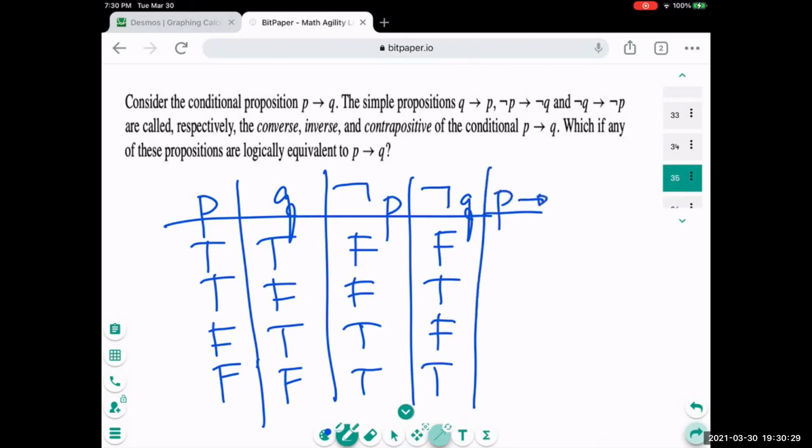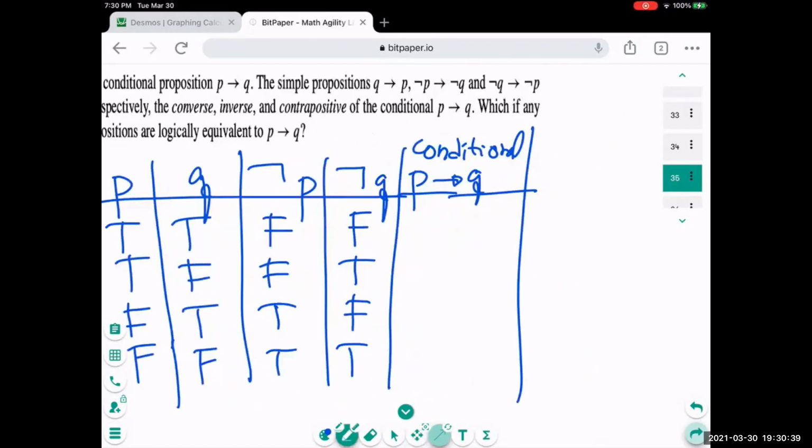So una yung conditional P conditional Q, right? So pag P conditional Q, false lang siya kapag yung P ay true at yung Q ay false. So saan siya nangyari? Sa third column, right? Hindi, P and Q, sorry.